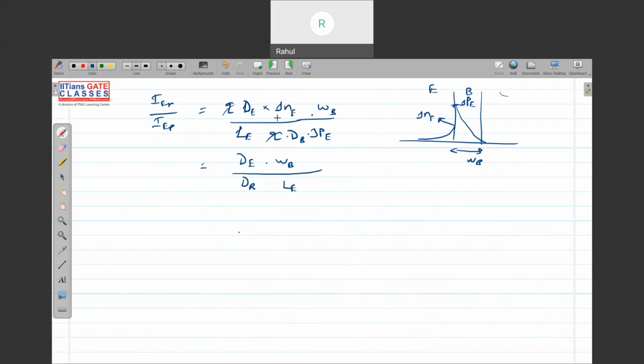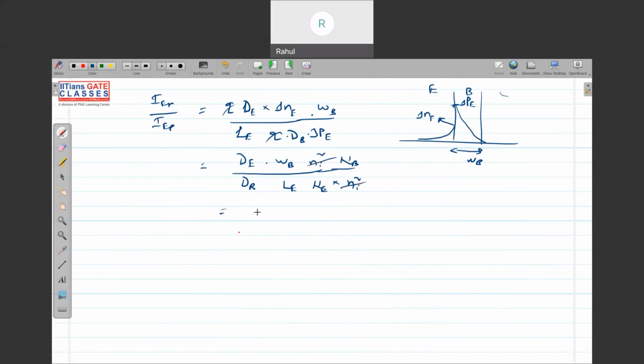We know del NE is nothing but Ni square by doping in the emitter region, so Ni square by NE. Finally, what is del P? Del P is Ni square by doping in the base region, NB. Right? So this will cancel.